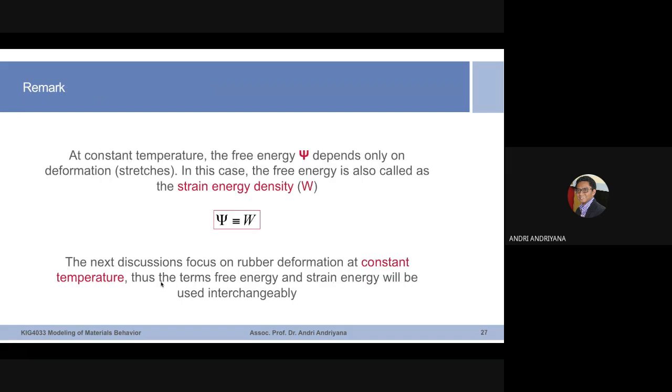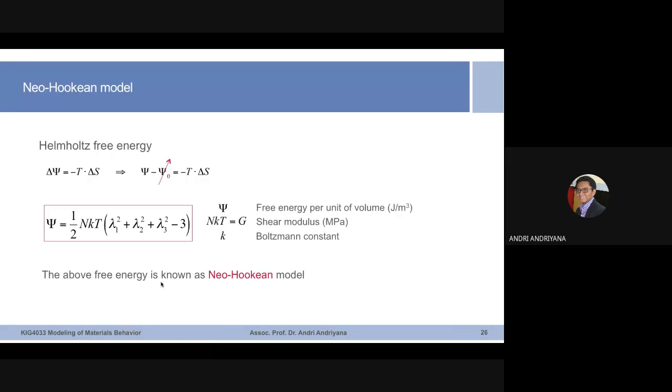A few remarks here. At constant temperature, the free energy depends only on deformations. If I go back here, at constant temperature means T is constant, K is a constant, N is a constant. So the free energy only depends on the three stretches.